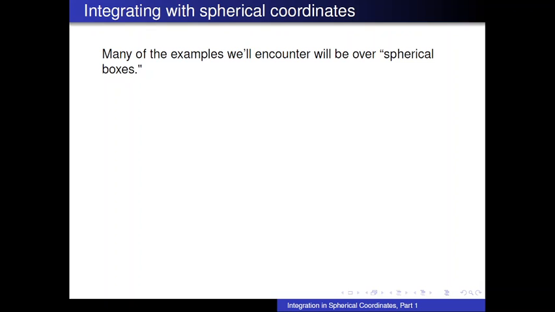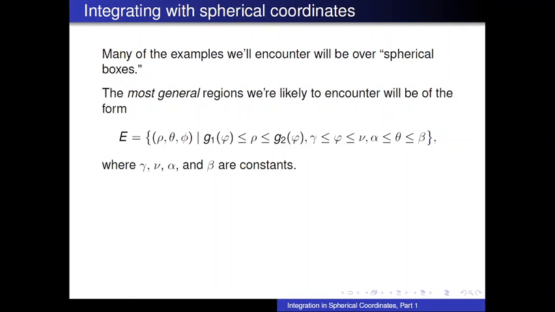Okay, so I say here that many of the examples we'll encounter will be over spherical boxes. There might be a couple that aren't, so be on the lookout. But the worst case scenario will be ones like this: regions E of space given in spherical coordinates by the set of rho theta phi, where rho varies between the graphs of two functions, g1 of phi and g2 of phi, and then phi and theta just vary between two pairs of constants.